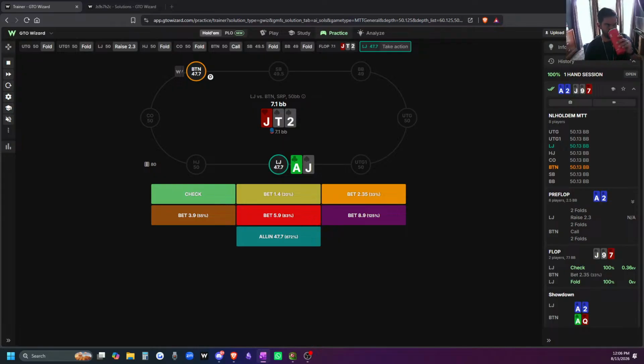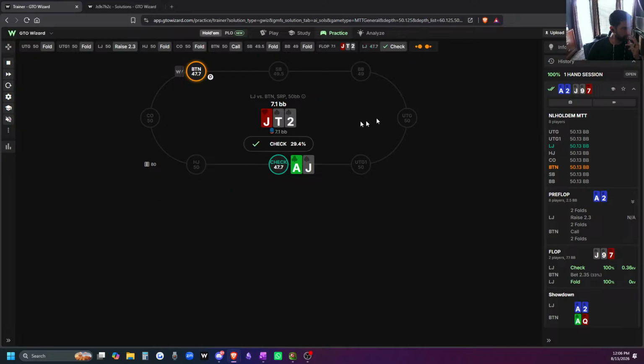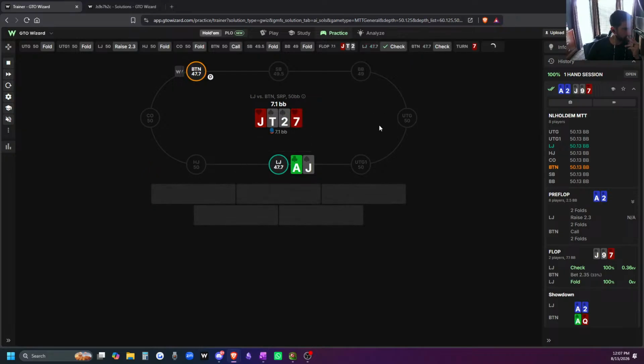What do I think my range is doing overall? I think on a two-tone, two Broadway board, we have a decent betting frequency. I'm going to say 65% betting, 35% check. And this one, I am going to go for a check raise. If I have club diamond, maybe I'm more inclined to put money in right away.